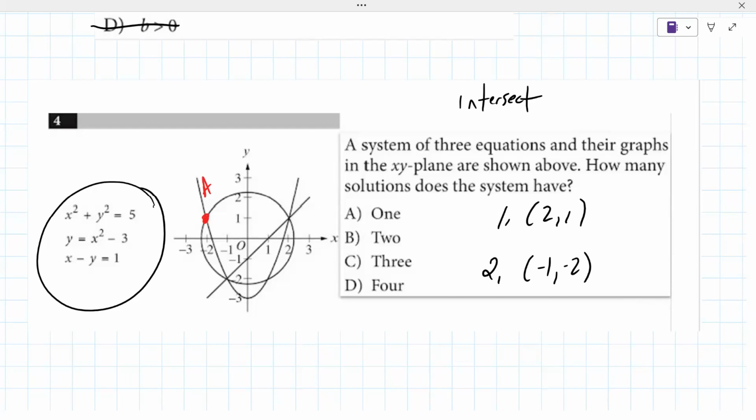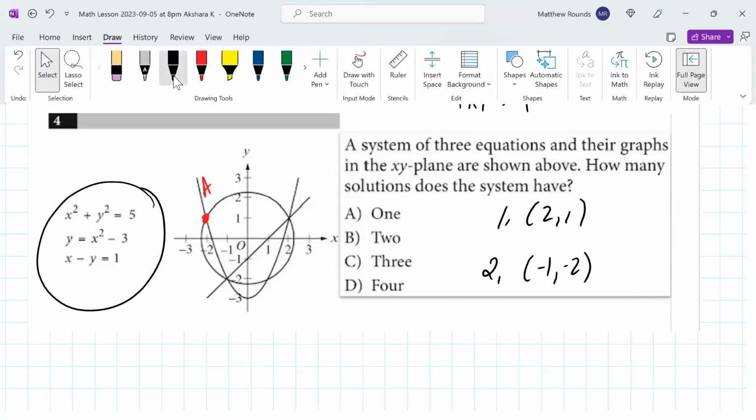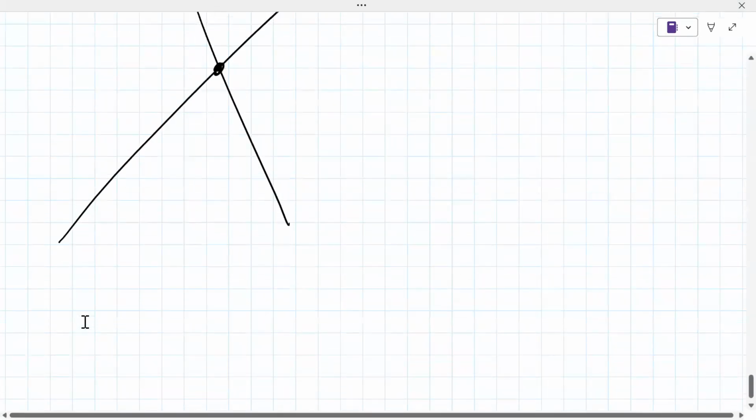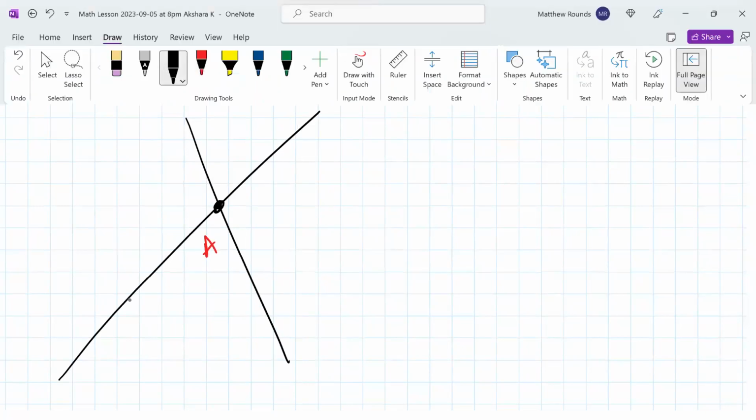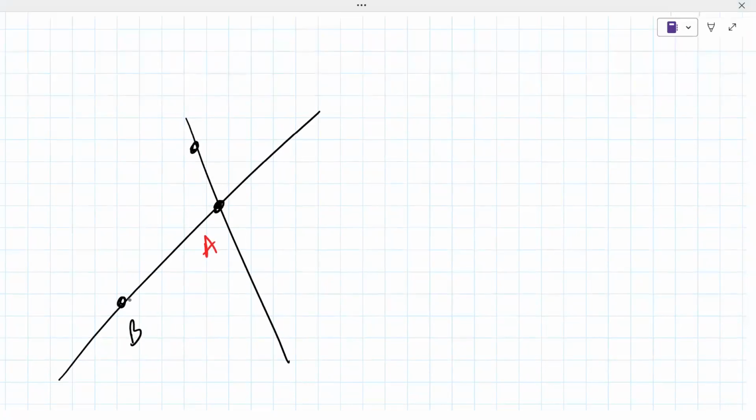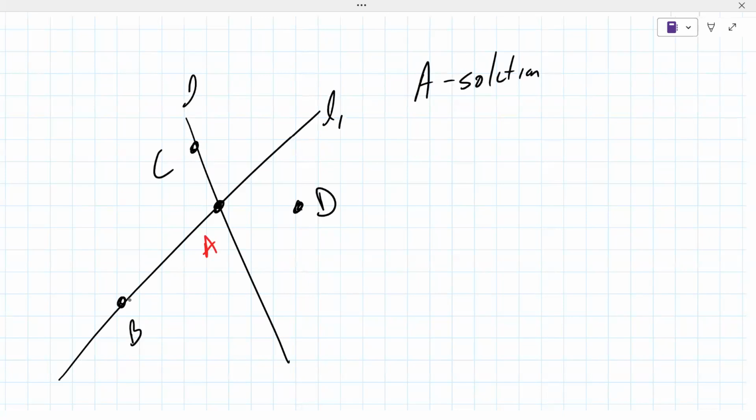Okay, so let's talk about two lines. I have it here. So that's point A. Here's point B. Here's point C, and here's point D. So A is the solution. Would you agree with that? That's where they intersect. Let's call this line 1 and this line 2. What can you say about point B?